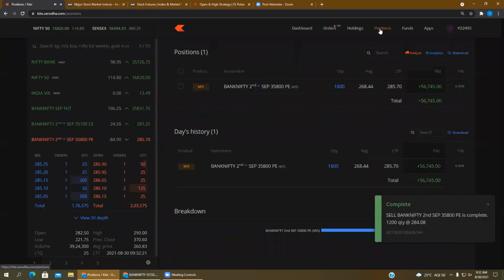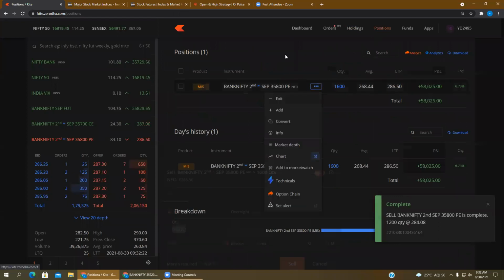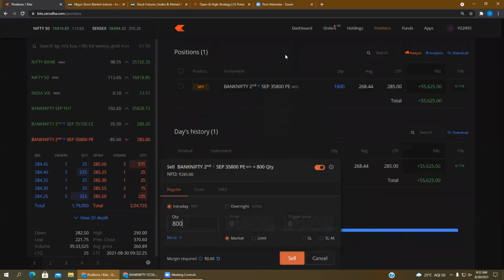Exited 1200 at 284. Still have 1600 left. Yeah, a lot of strike price have it.